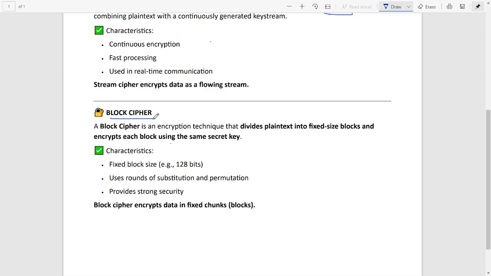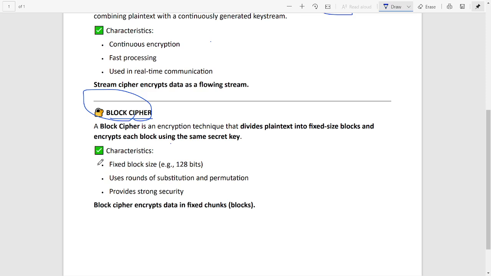In DES, it's already defined that it will take 64 bits of input at a time, and that we call a block. So in DES, 64 bits will be called a block, and it encrypts those 64 bits at a time. So in block cipher, there is encryption, but encryption in blocks.